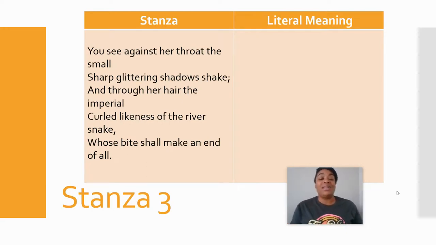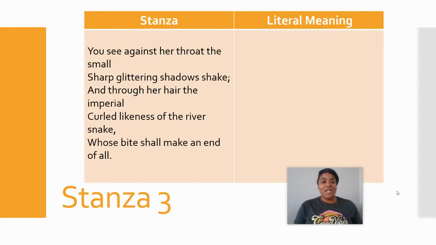I am going to read aloud the stanza. You will then in return write your literal meaning for stanzas 3 and 4. During your independent time, you will have to submit your responses for the literal meanings of stanzas 3 and 4.